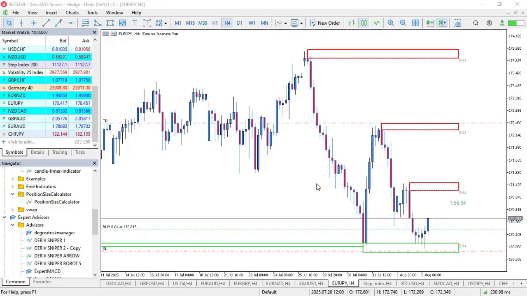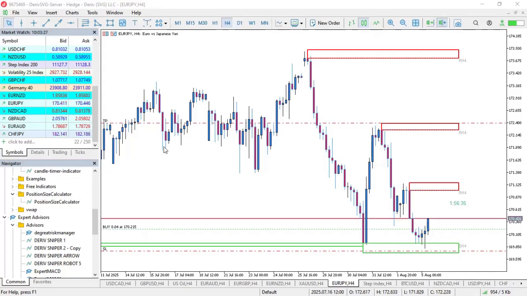I also use the indicator as a standalone strategy. So what is the indicator all about? It's all about plotting areas of support and resistance on the chart.